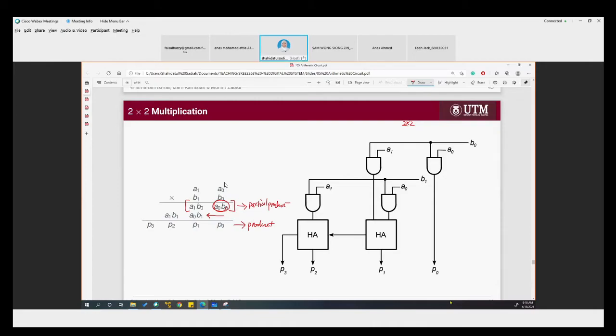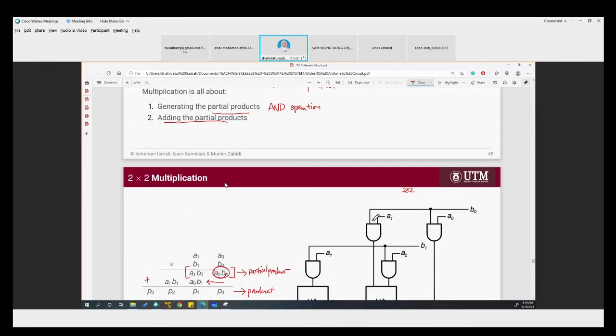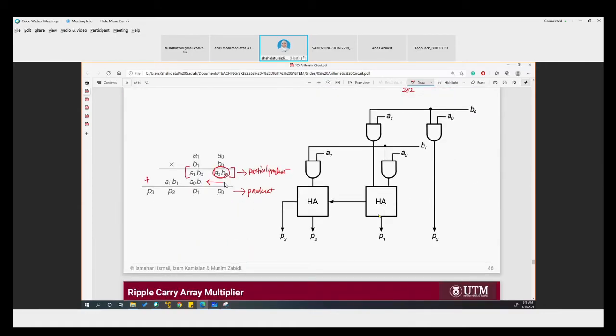And then when we add the partial product, see, multiplication is about generating the partial product and adding the partial product. So when we add the partial product, we can use half adder or full adder. In this case, we only need to use half adder for both, because both only need two input, and there's no carry.